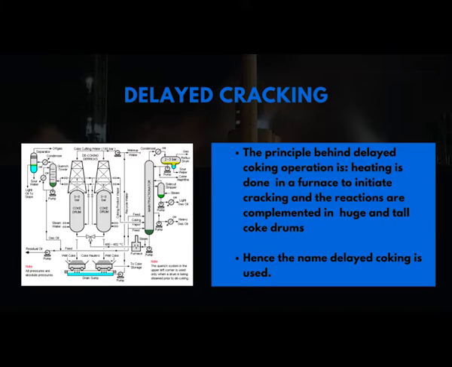This way, with orderly rotation of the drums, the process may be made to work in a continuous fashion. One drum will be receiving the feed from the furnace, in the other drum the actual coking will be happening, and in the third drum probably the laborers will be removing the coke. So each drum will be in a different kind of operation.